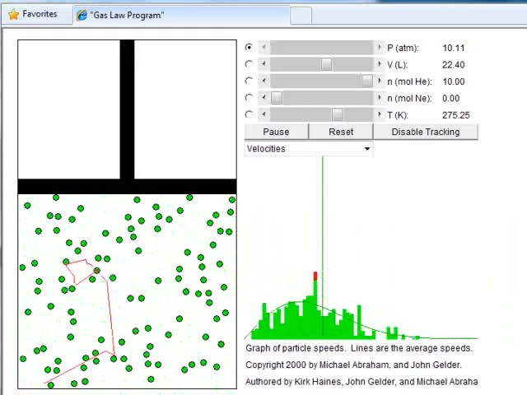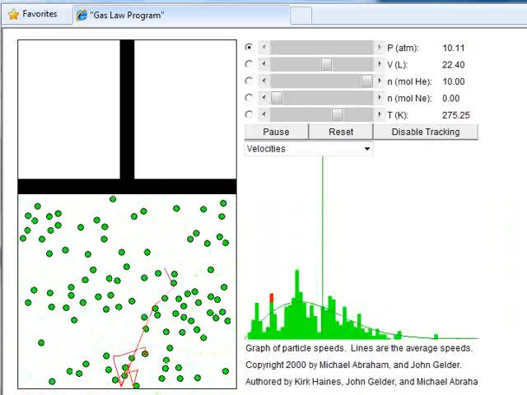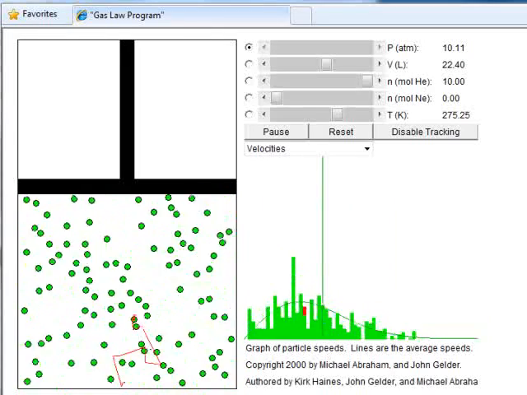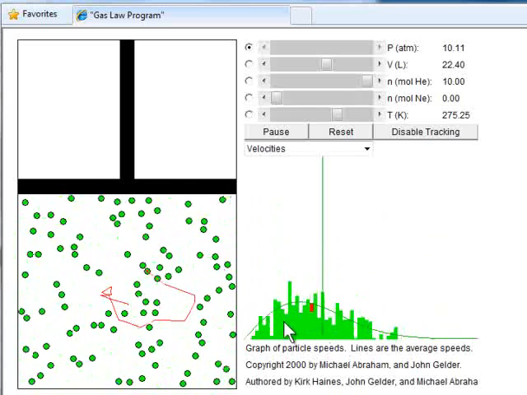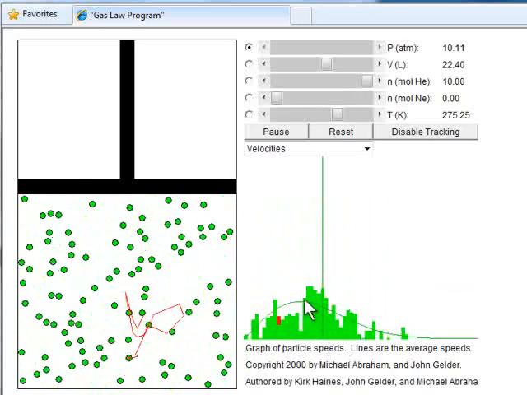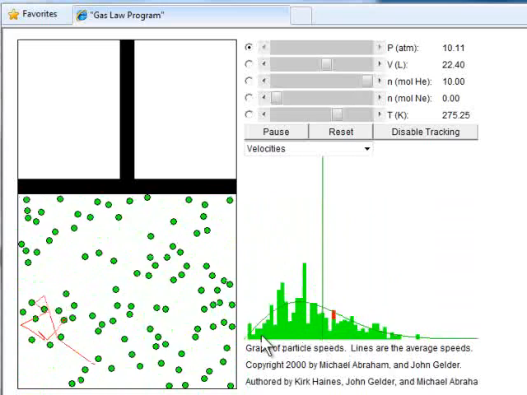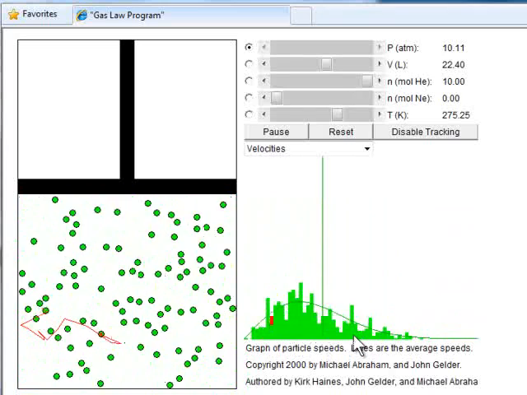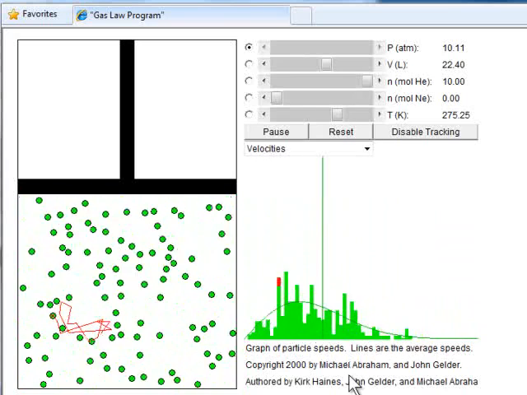So this smooth curved line is actually showing us the distribution of speeds for our particles. So what does that mean exactly? Well, most of our particles will be traveling at a speed right around here because this is the peak of our curve. And as we go to lower or higher speeds, we have less and less particles that are traveling at those speeds.